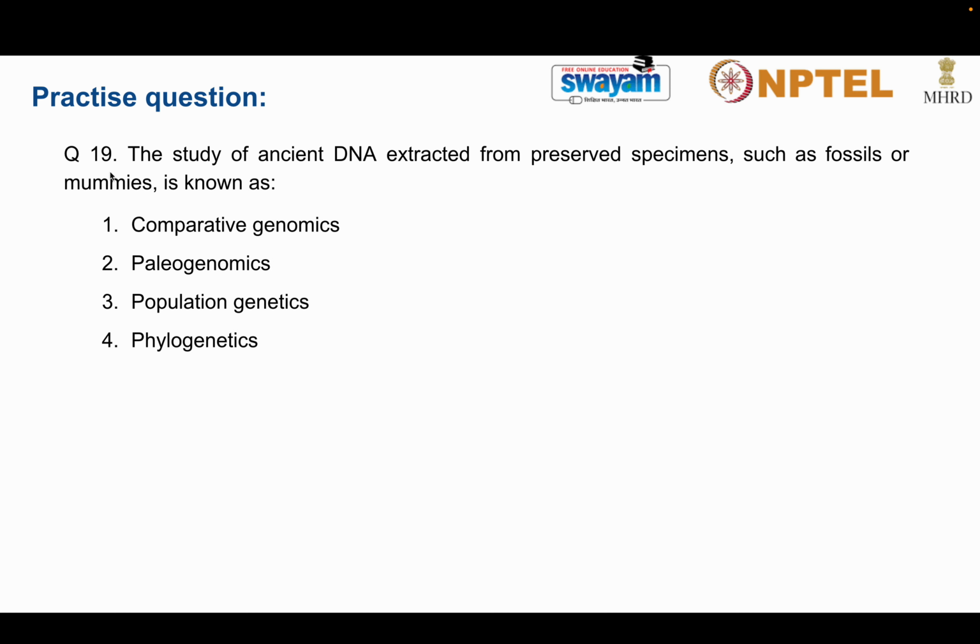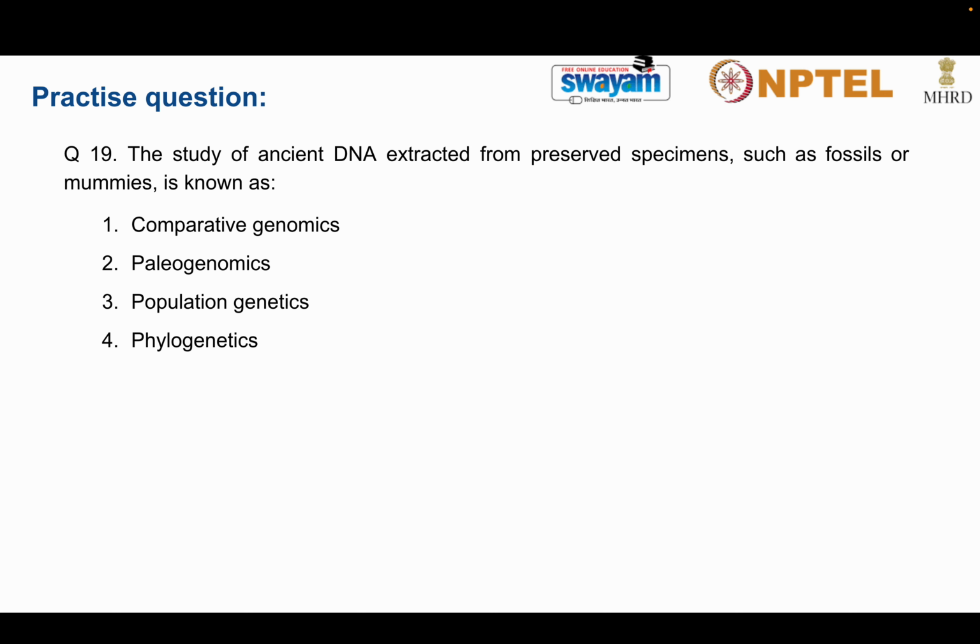Let's move to question number 19, which says the study of ancient DNA extracted from preserved specimens, such as fossils or mummies, is known as. So, when you study ancient DNA, what is that study known as? Option 1, comparative genomics. Option 2, paleogenomics. Option 3, population genetics. And option 4 is phylogenetics. So, what do you think?